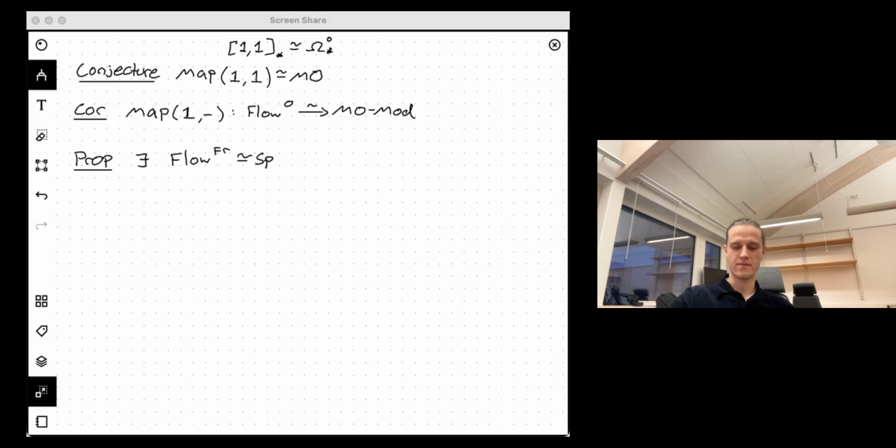So by doing a kind of space-level Pontryagin-Thom argument, you can cook up this equivalence. And as a corollary of this conjecture, you would get by the Schwede-Shipley theorem that if you consider mapping spectra in the category flow O with their MO module structure that you get by composing on the left with an endomorphism of one, then you actually get an equivalence of categories.